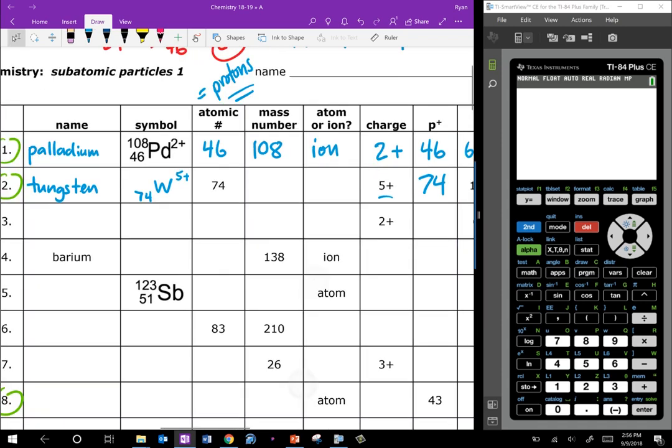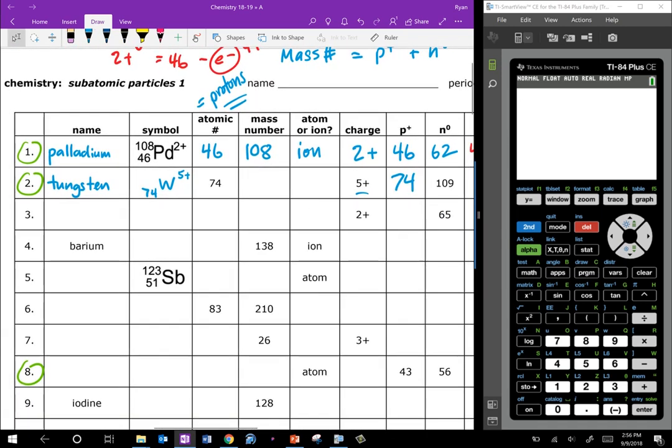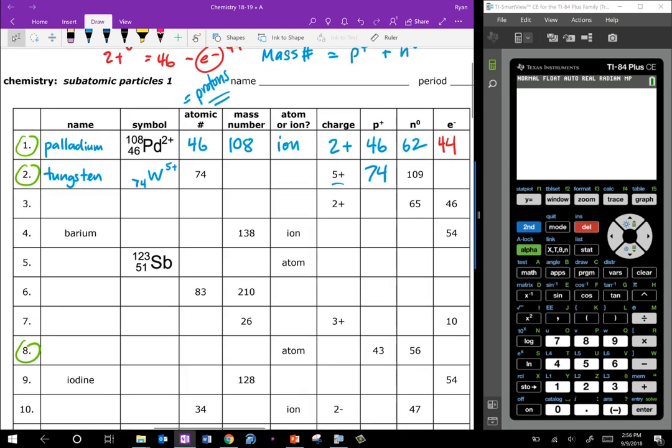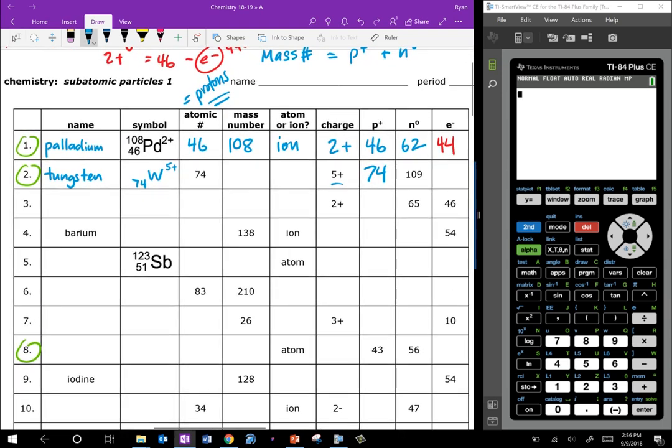Now, I also know that because I'm given a charge of 5 plus, this is not a neutral atom. In fact, with a charge of 5 plus, it's an ion again, just like the last one that we did, and it's a positive ion. A positive ion has more protons than electrons, just like in the last problem. 2 plus in our previous question meant there were 2 more protons than there were electrons. 5 plus here means there are 5 more protons than there are electrons.